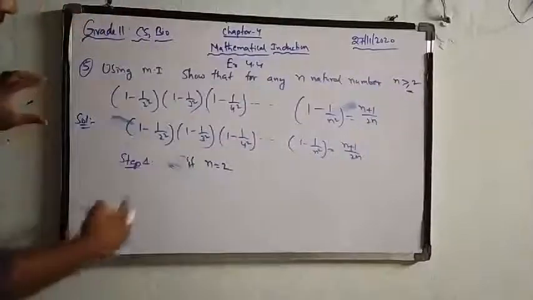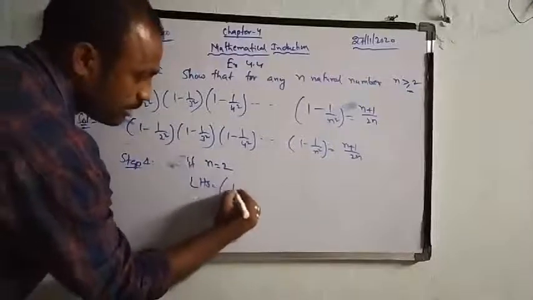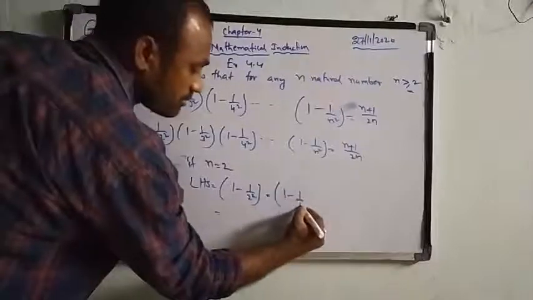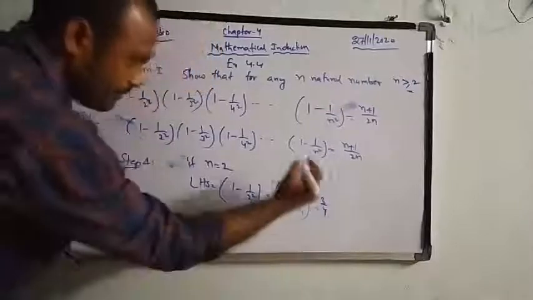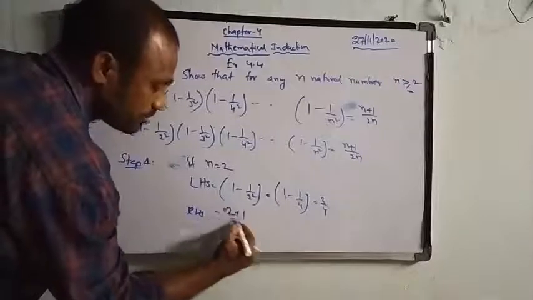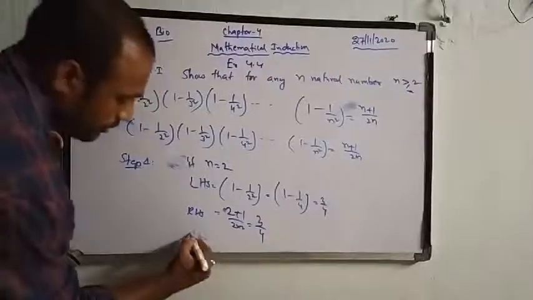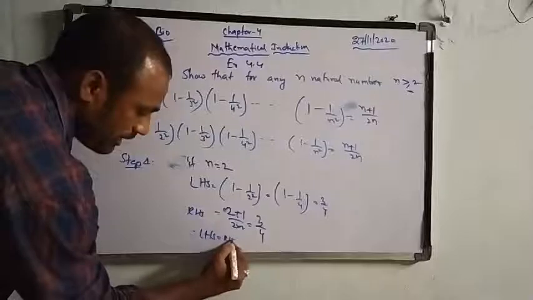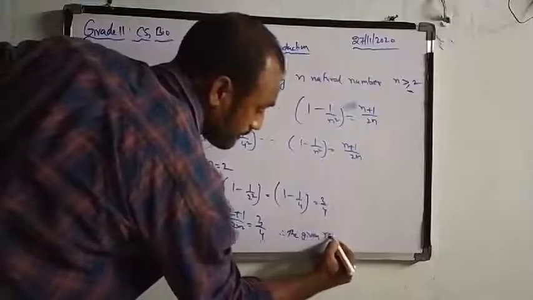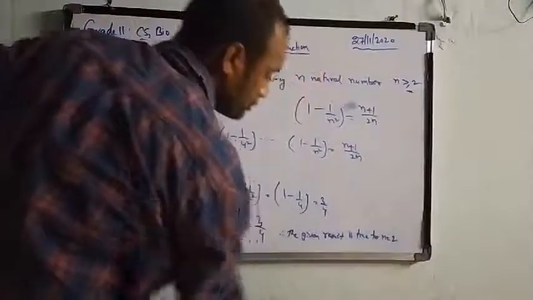Because the given condition is n greater than or equal to 2. Substituting 2, the left hand side is 1 minus 1 by 2 square, which is 1 minus 1 by 4, that is 3 by 4. On the right hand side, n plus 1 by 2n is 2 plus 1 by 2 into 2, so 3 by 4. Therefore left hand side is equal to right hand side. The given result is true for n equals 2.